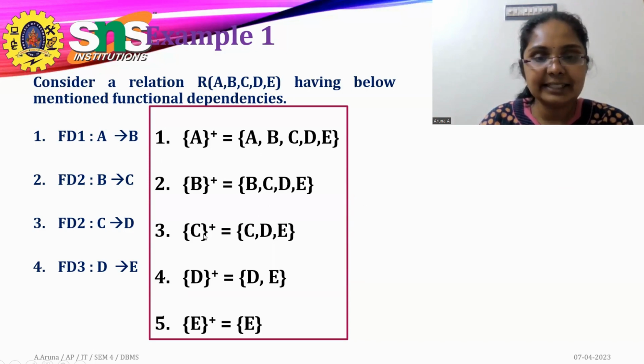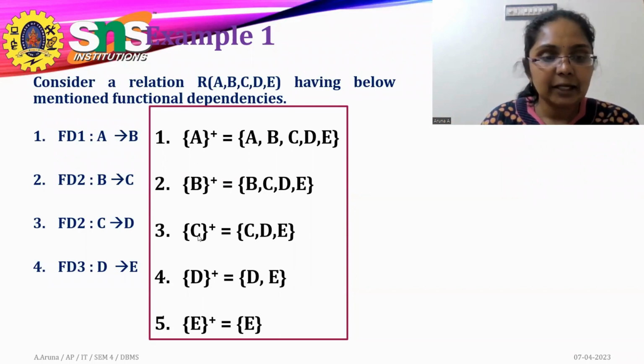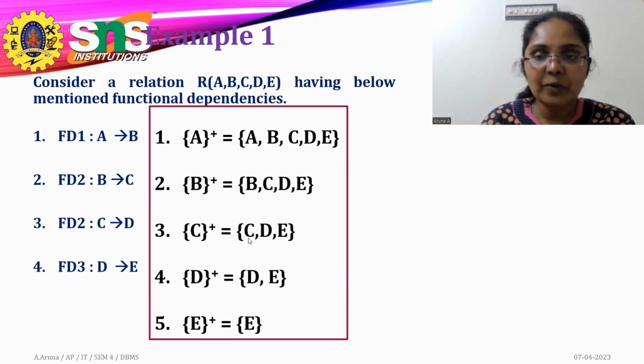Now let us see the C. Now calculate the C closure. C closure is whatever element is present in the LHS, that we're going to write as the RHS. How are we writing this?